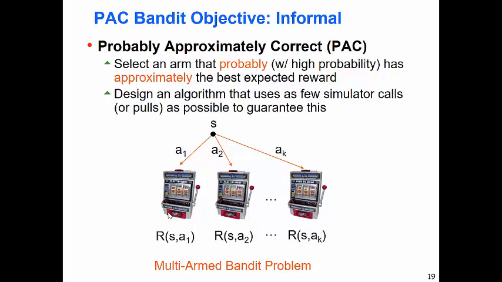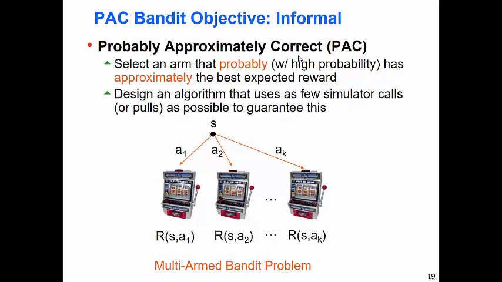And as I said last time, we're going to study 3 different objectives and talk about algorithms that try to achieve those objectives. The first objective that we're going to talk about is something called probably approximately correct. Who's ever heard of PAC, or probably approximately correct?